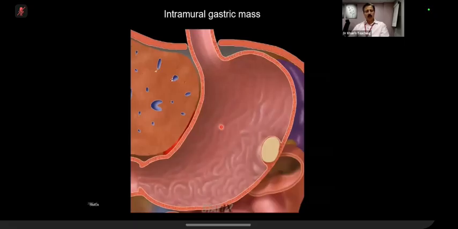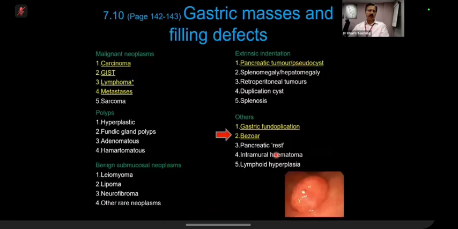Okay, very good. We are now doing another differential diagnosis, and that is a mass within the stomach. So gastric masses or filling defect, and this is a huge list. GIST is a very important tumor for your exam and for the real world also, because stomach is the most common site of GIST, gastrointestinal stromal tumor.